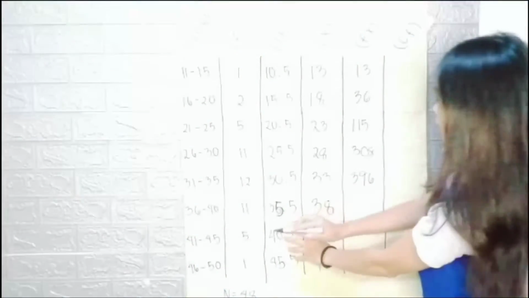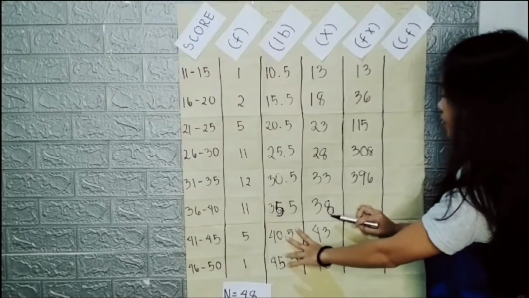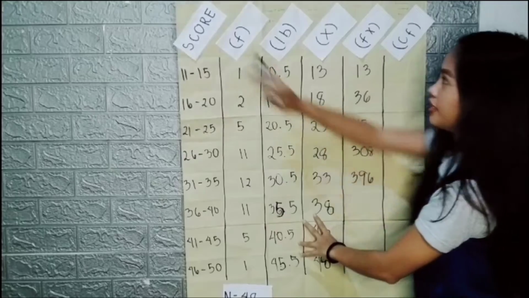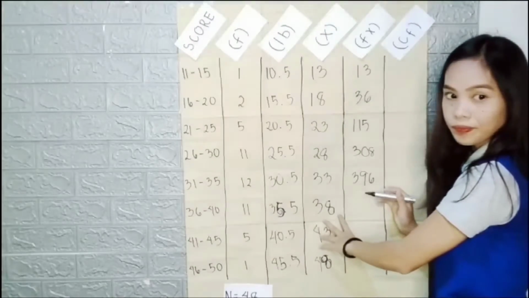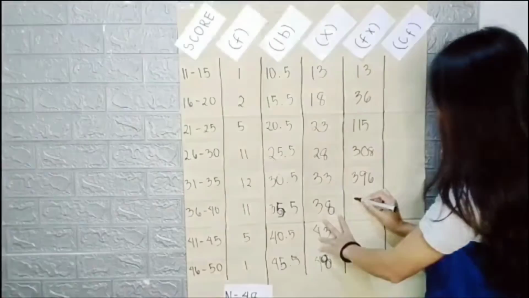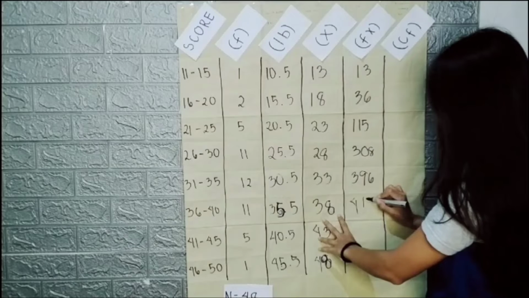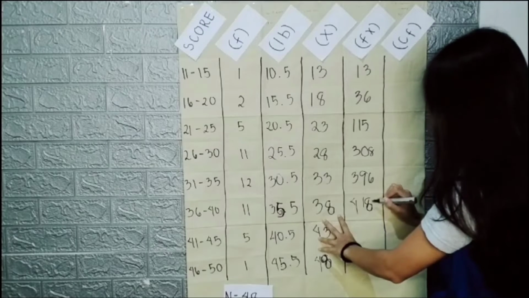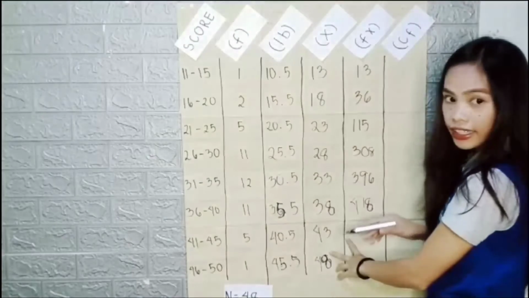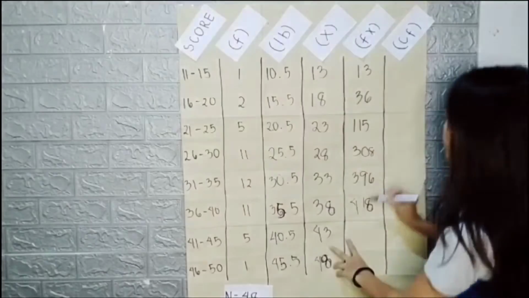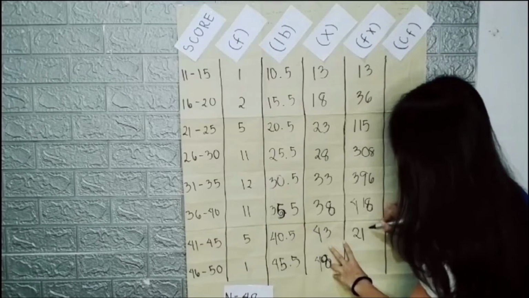And next is 11 times 38, our answer will be 418. And next, 5 times 43 is equal to 215.